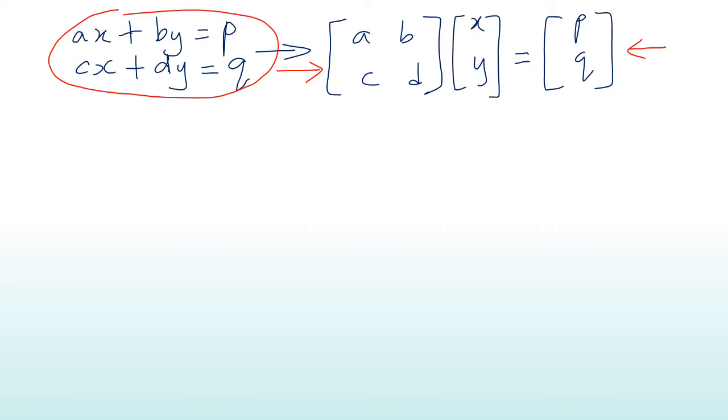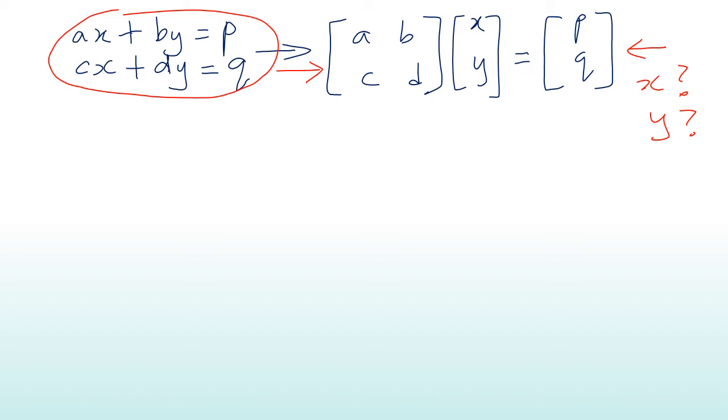So we want to solve for x and y using matrix. First step, what do you do? Okay, let's make one formula for how to solve simultaneous equations using matrix.